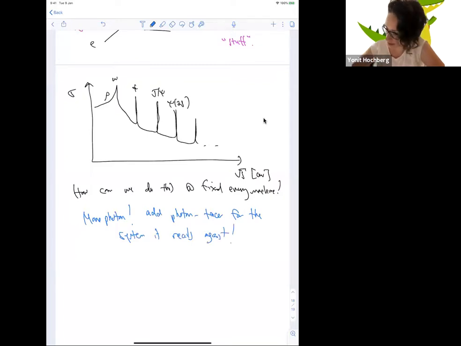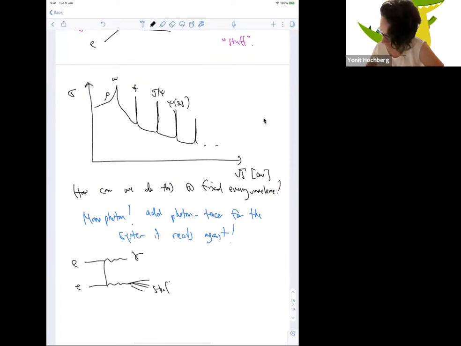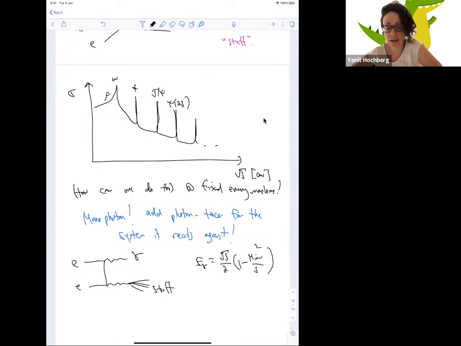Let's draw that exact same picture, but now let me draw it differently. Here's my E plus E minus, goes to a photon, and here's my stuff. All I know is the energy of that photon, which goes like square root S over 2, times 1 minus the mass of the invariant system on the other side squared over S. The stuff that's coming out doesn't have to be visible to me at all.